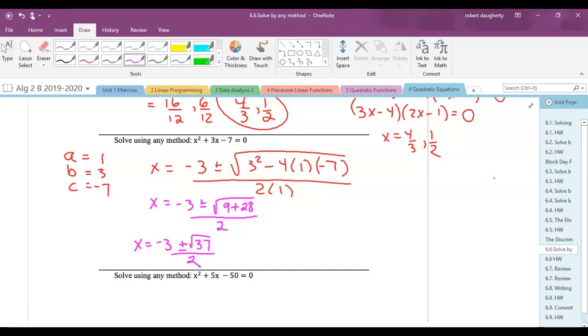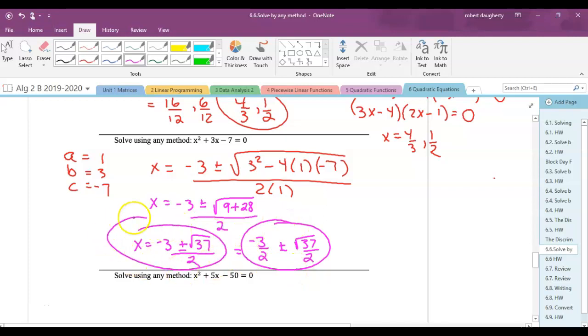There's no further simplification here. You could write it as negative 3 halves plus or minus the square root of 37 over 2. Either of these would be good answers. If this had been the square root of 20, though, I want you to simplify that. But square root of 37, there's nothing I can do for that. Solve by any method.